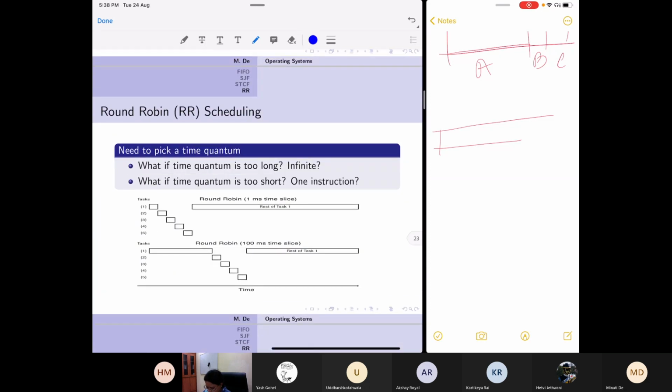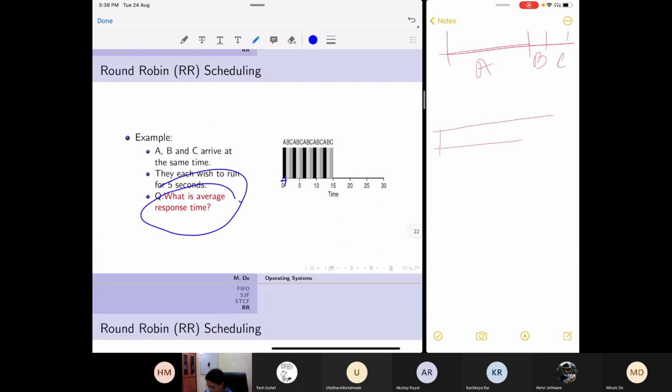Okay. So the main thing is you need to consider the time slice which you are going to give for each job. That is a design decision, right? Can you see that if you give a very small time slice for each job, then you need to do many more context switches, right?